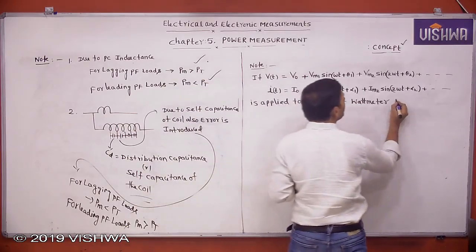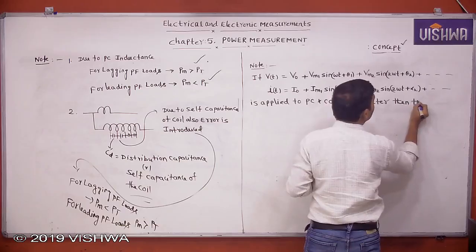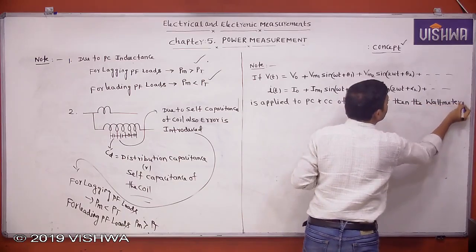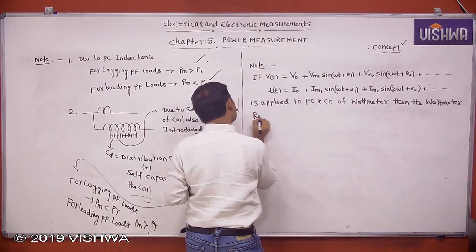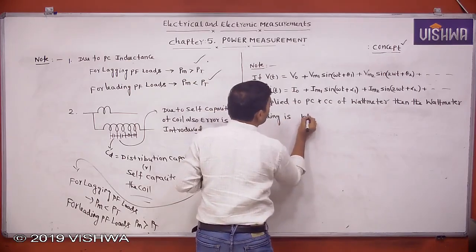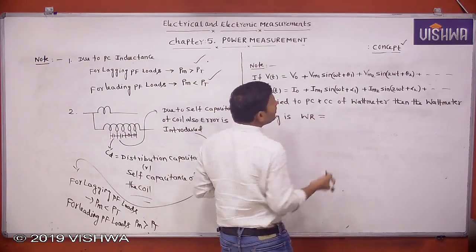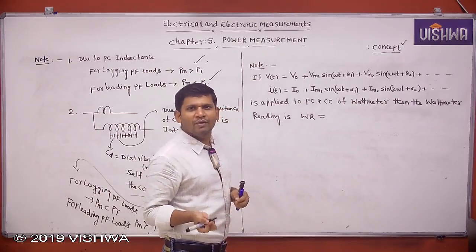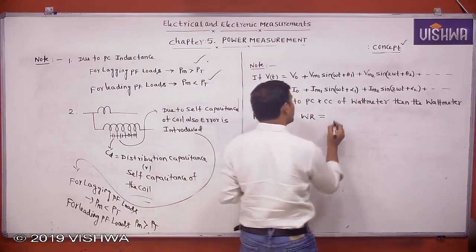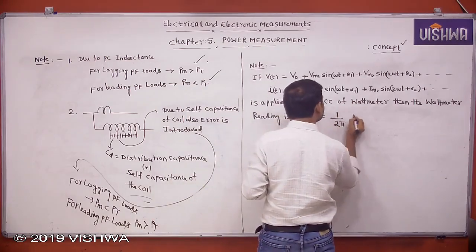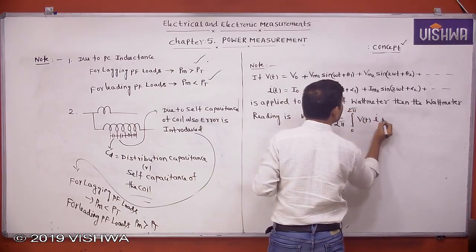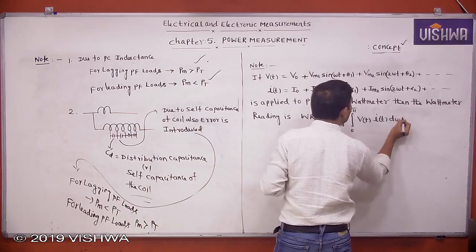Then the wattmeter reading is... Important observation to solve the problems. Whatever the input you apply to the wattmeter, what value can it measure? Average one. A wattmeter is average power measuring and average power indicating. Then 1 by 2 pi integral 0 to 2 pi of V of t into I of t d omega t.